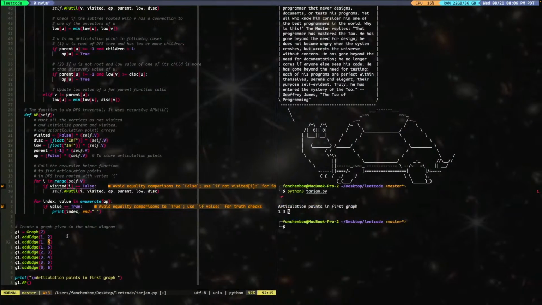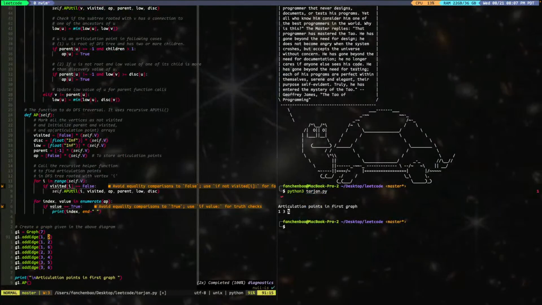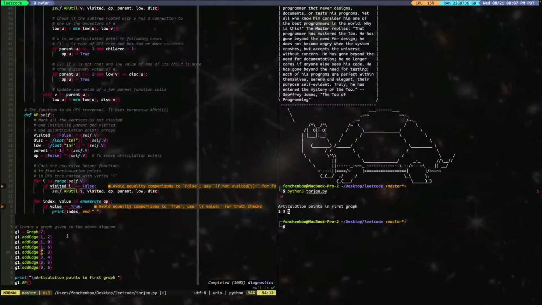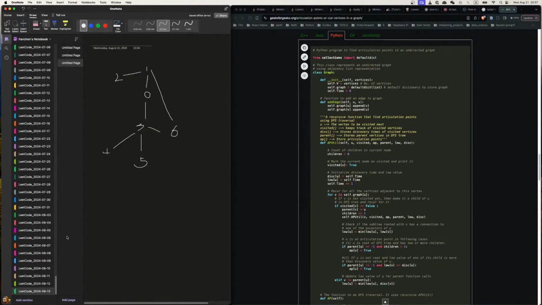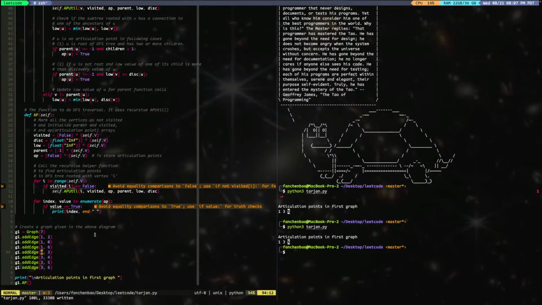So basically, all the 0 has to be 2, and all the 2 has to be 0. Right, 1 to 0, 0 to 3, everybody's the same, okay? Let's try. Oh, wow. Okay, I did not expect that.